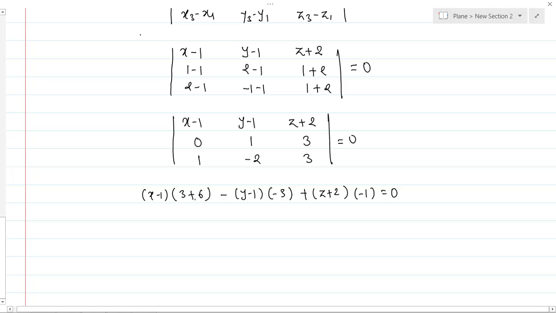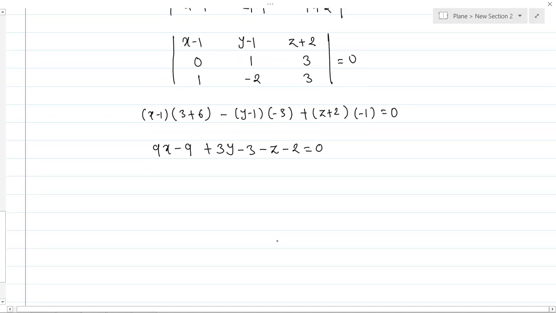Let's open this. 6 plus 3 is 9, so we have 9x minus 9, and minus times minus becomes plus, so 3y minus 3, and minus z minus 2 equals 0.